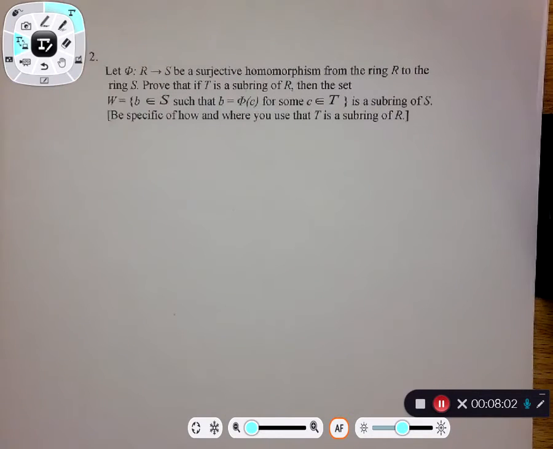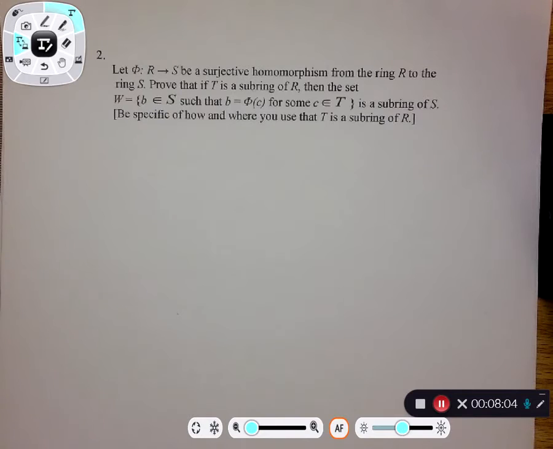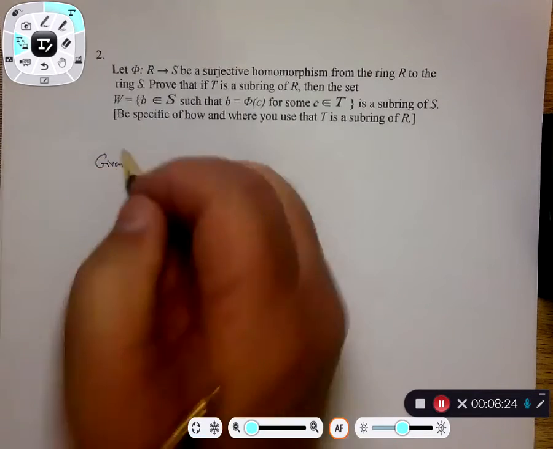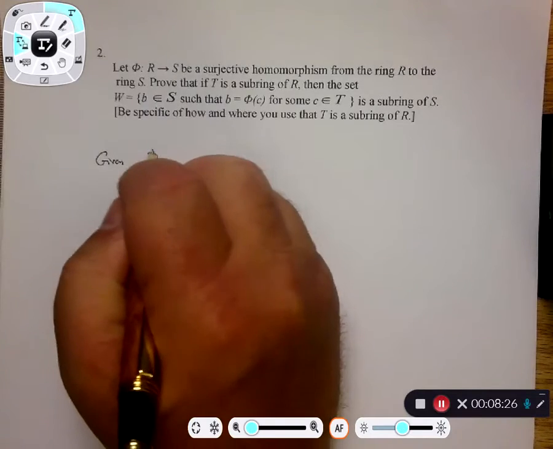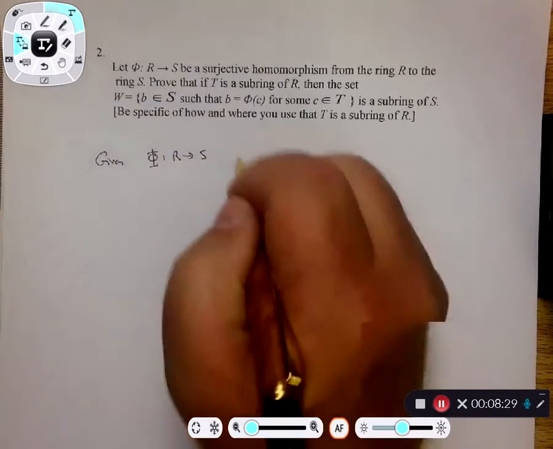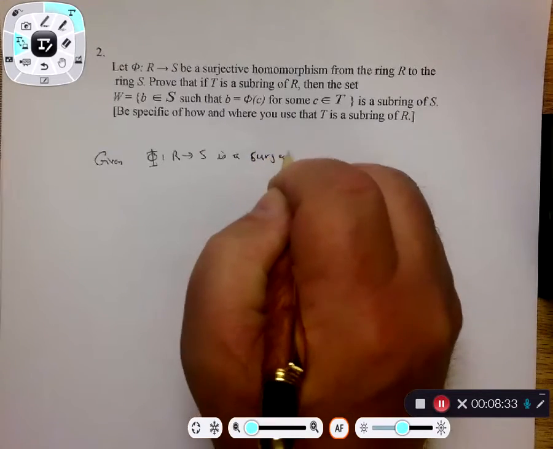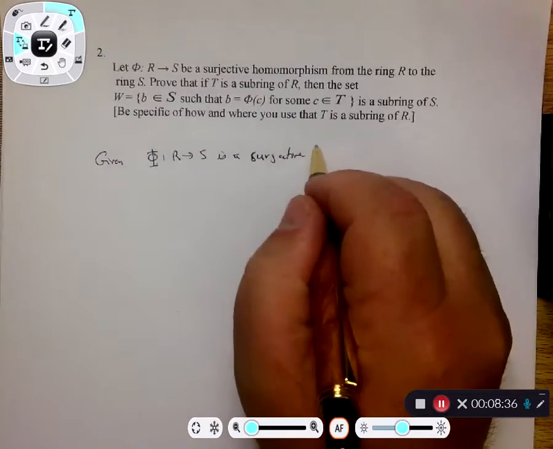The next one is a little more challenging. But as we mentioned before, while we study homomorphisms, they are property preserving. Property preserving. So on this particular problem, what did I give you? So we'll start with the givens and just write them down briefly. The givens are phi going from R to S is a surjective, remember, that means onto, homomorphism.